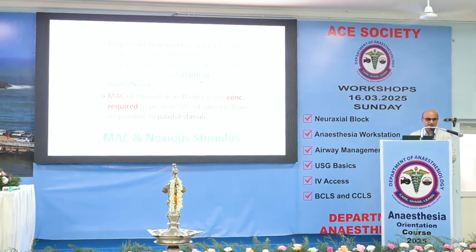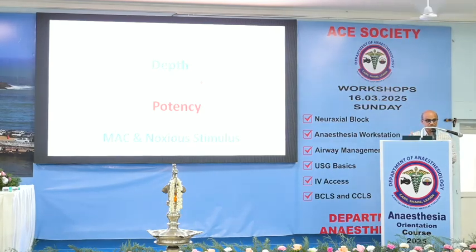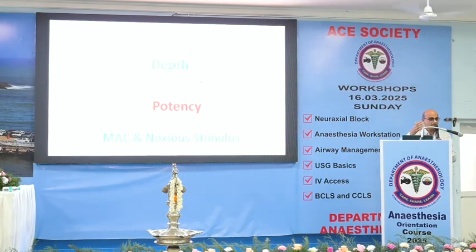So what does it tell us? It tells us two things. One is that the depth of anesthesia is to be maintained, and secondly, because you use many inhalational agents like desflurane, sevoflurane, isoflurane, and they all require different MAC, to determine or compare their potency, you need to know what MAC is.